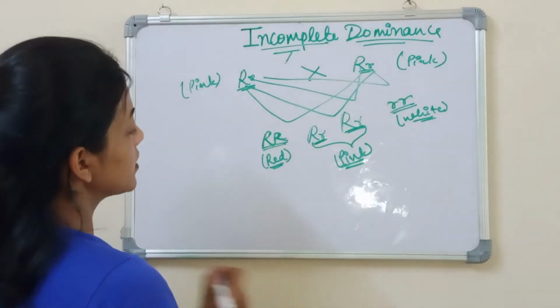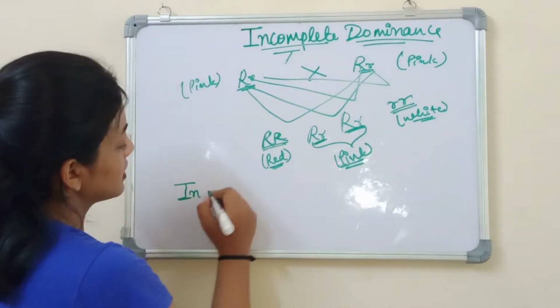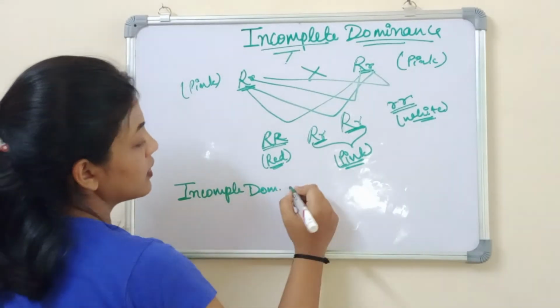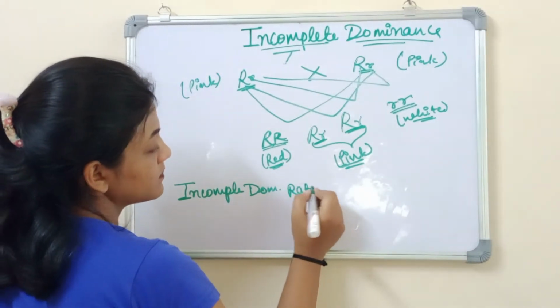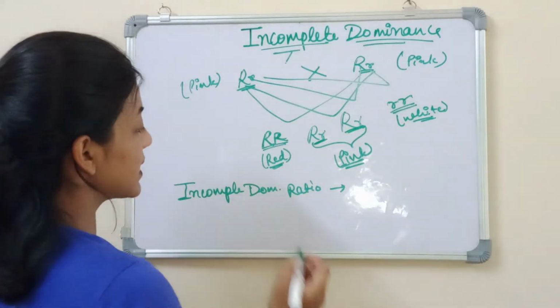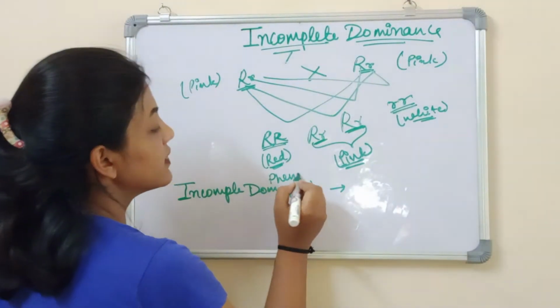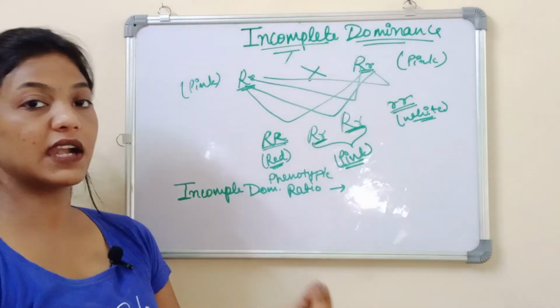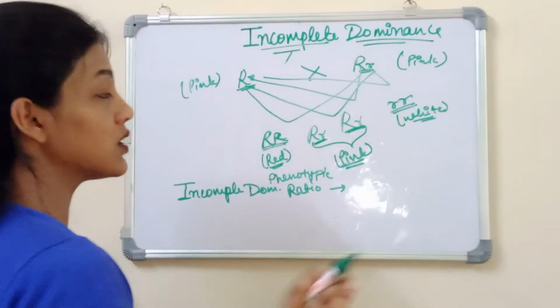So what will be the ratio in incomplete dominance? The phenotypic ratio, I would say. Phenotypic is the physical characteristics that you observe, not the genotype.